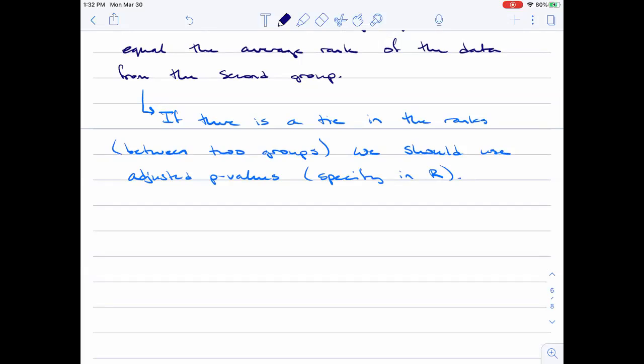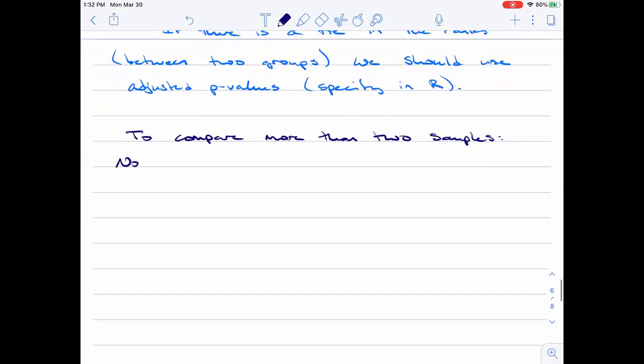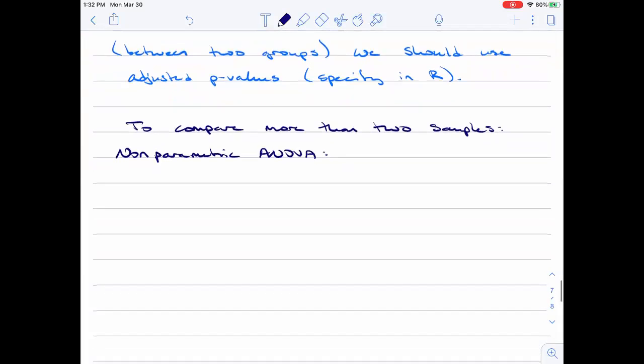To compare more than two samples, we use the non-parametric ANOVA, which is actually called the Kruskal-Wallis test.